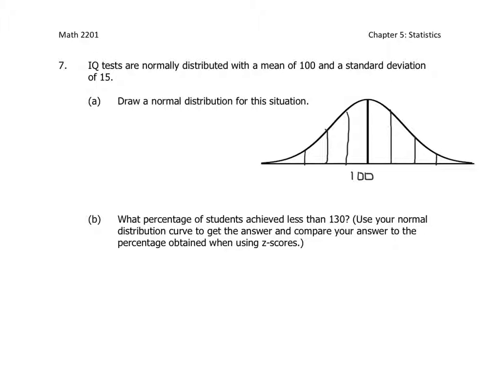So this one would be plus the standard deviation, so 100 plus 15 would be 115, then plus another 15 would be 130, another 15 would be 145. And then going the other way, 100 take away 15 would be 85, take away another 15 would be 70, take away another 15 would be 55.